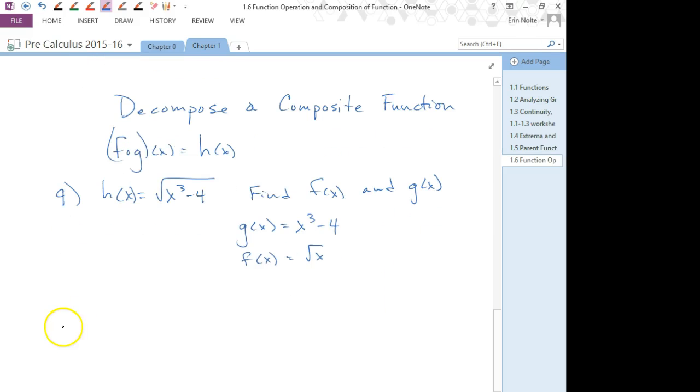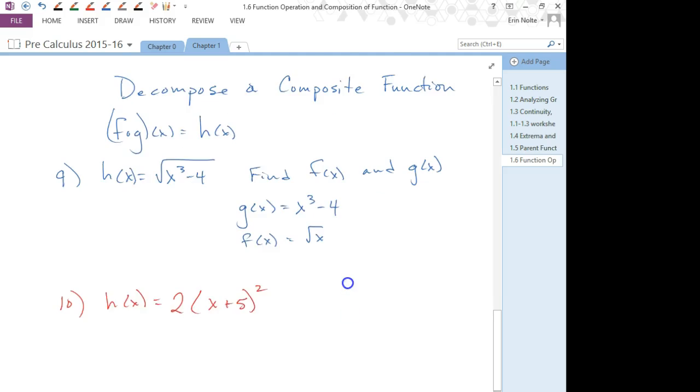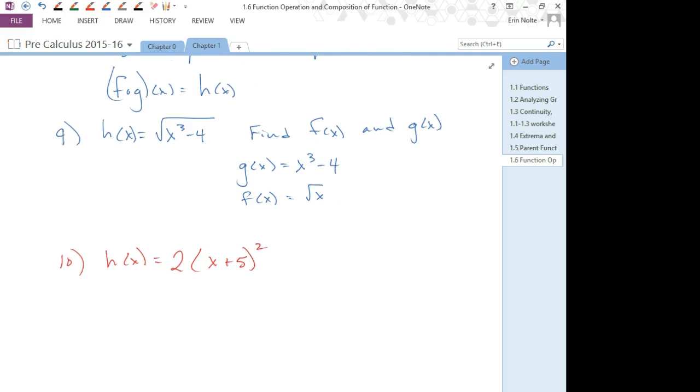Okay, what about this one? I'll give you one more, see if we can get this one. This one could be really hard, but I'm going to make it a little bit easier. For that one, what could your g of x and f of x be? g of x could be x plus 5.